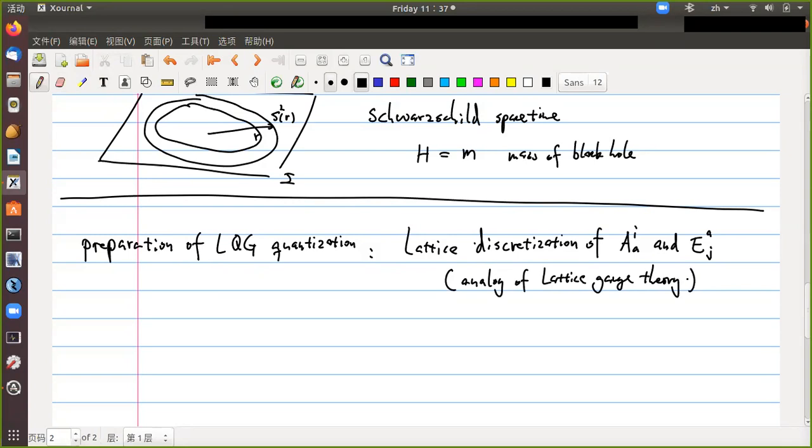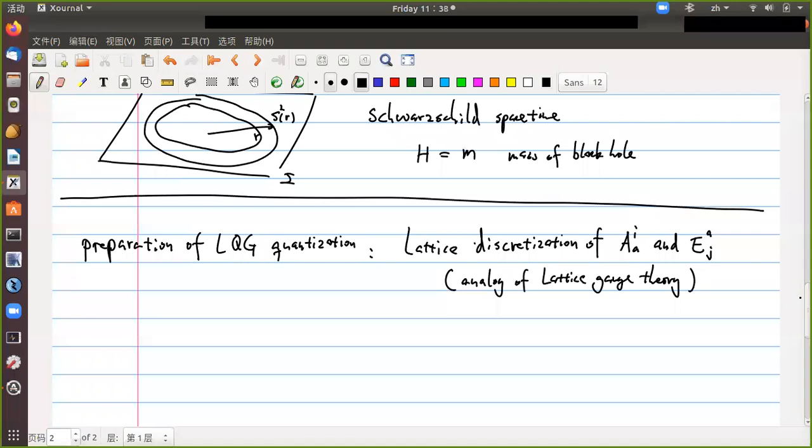Maybe most of you don't have much experience with lattice gauge theory, so the story is the following. In non-abelian gauge theory, in your quantum field theory class, some of you must have learned that you can compute correlation functions or scattering amplitudes perturbatively on the continuum.